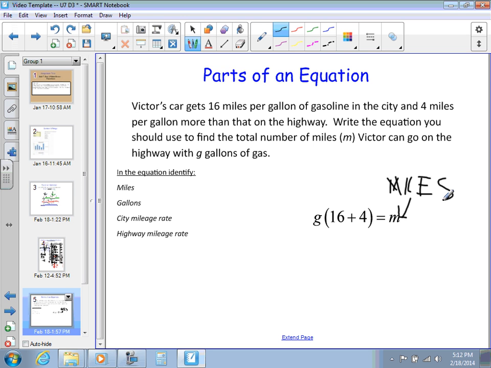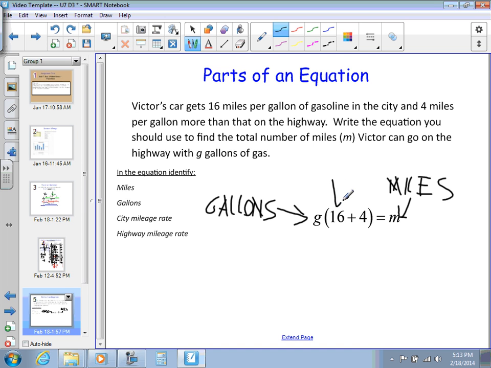Gallons, again, fairly easy. And my gallons are right there. Okay. City mileage rate. Well, let's see. Victor's car gets 16 miles per gallon of gasoline in the city.